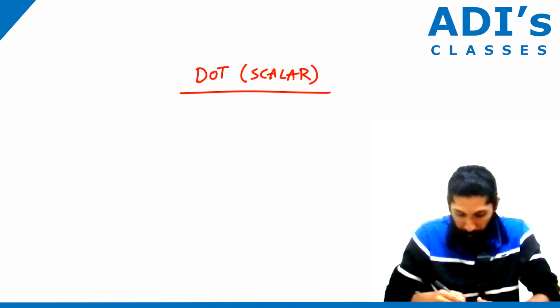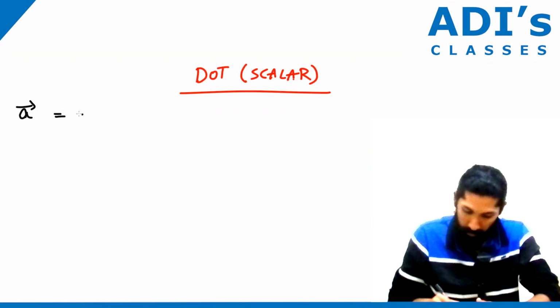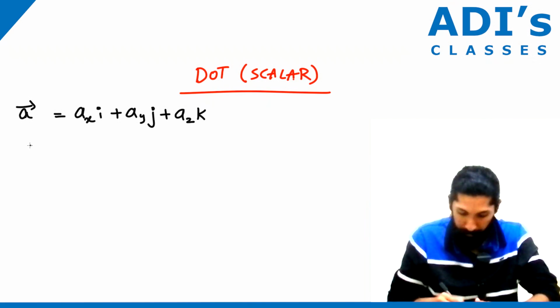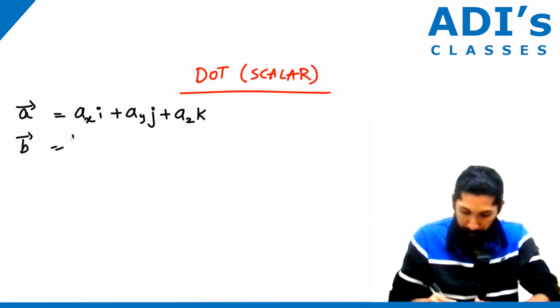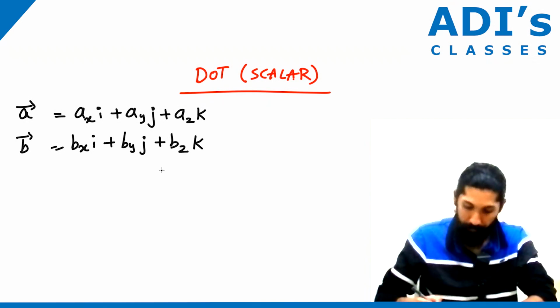Suppose we have vector A equal to ax i cap plus ay j cap plus az k cap, and vector B equal to bx i cap plus by j cap plus bz k cap.